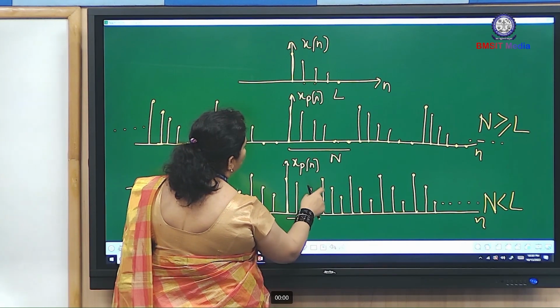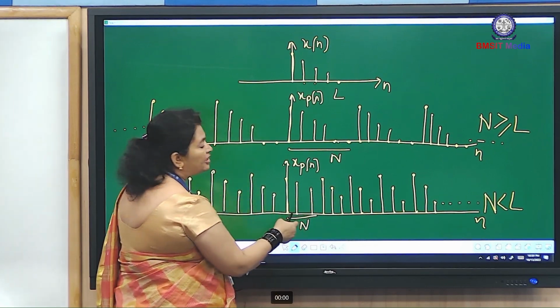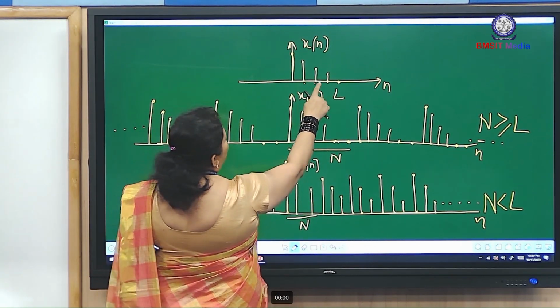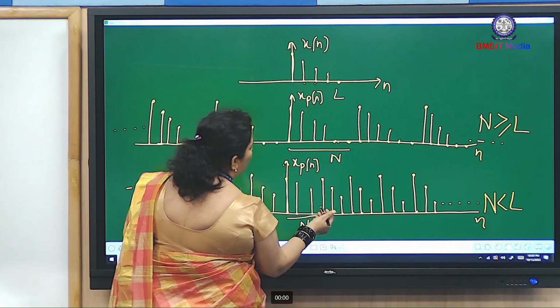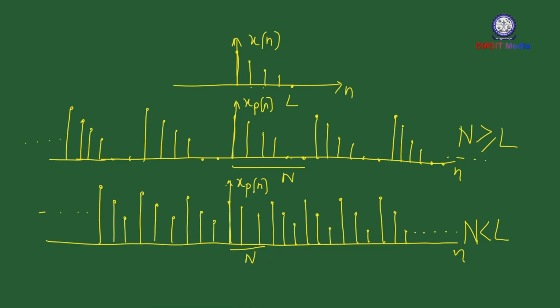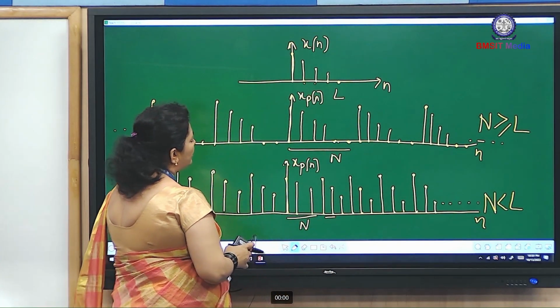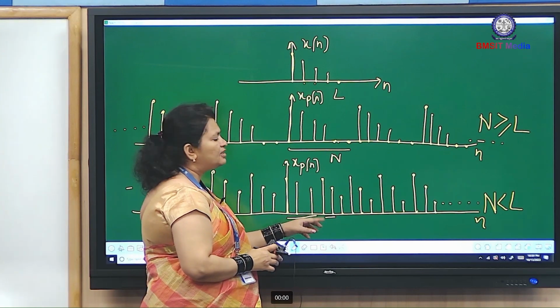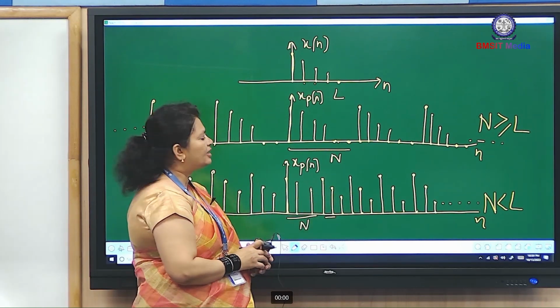When x of n is repeating, because the fundamental period is less, the last two samples are being overlapped by these two samples. So these last three samples, as you can see, are hidden in the first two samples during periodic repetition.